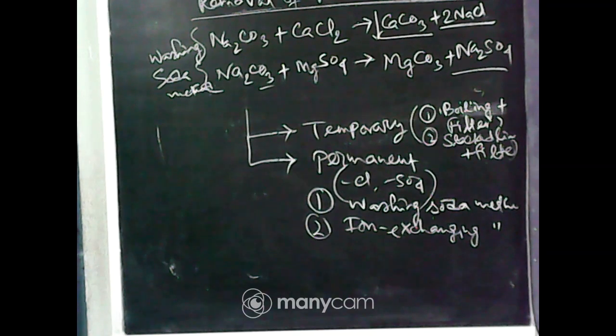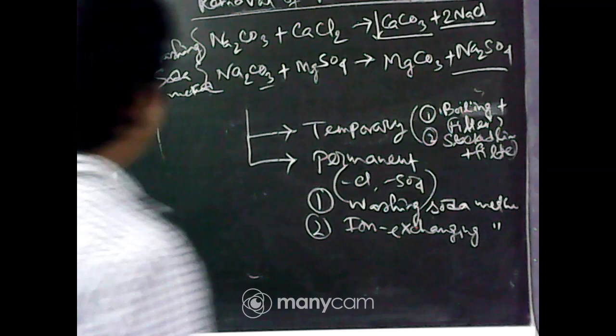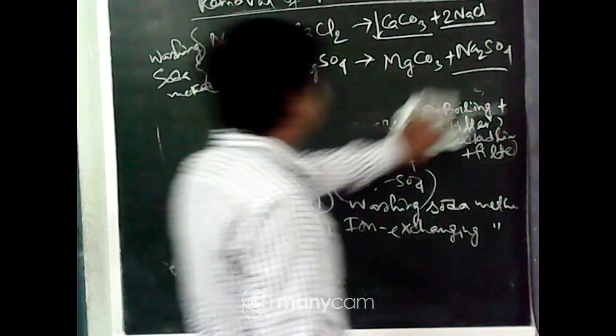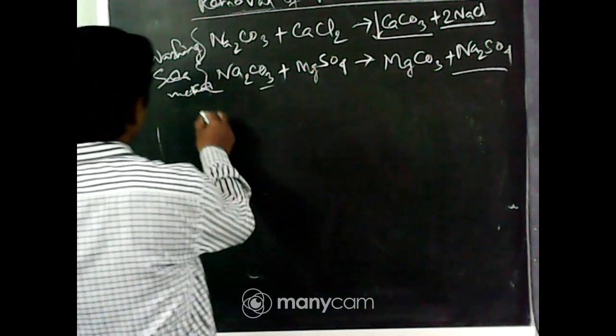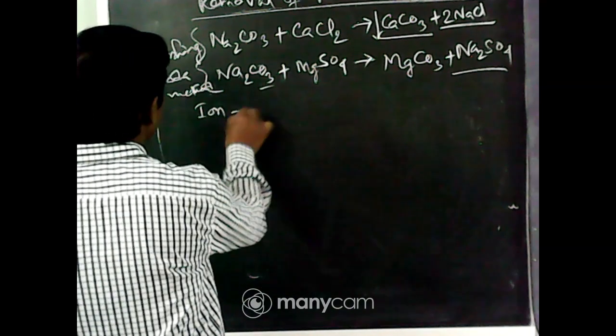Two types of ion exchanger are there. One is the inorganic ion exchanger, that is called the Permutit method, and the other is the organic ion exchanger or synthetic resin method. So, it is the washing soda method, and next, ion exchange.